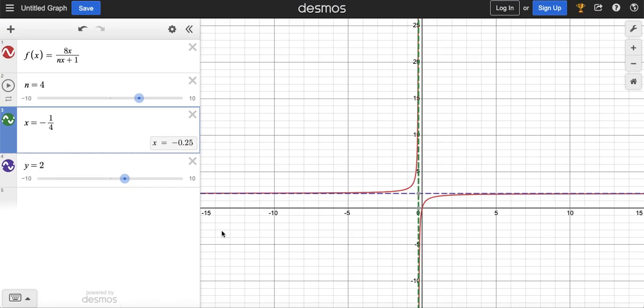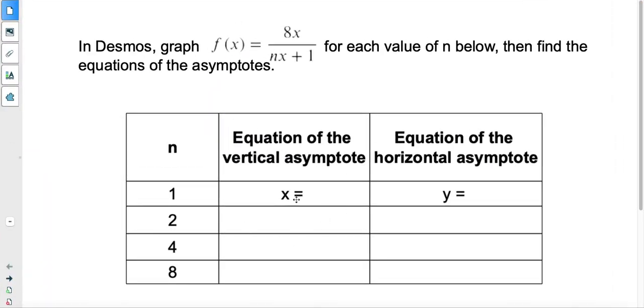So I'm going to write the equations of the asymptotes that we found. When n was equal to 1 in our function, our vertical asymptote was x equals -1, and our horizontal asymptote was y equals 8.